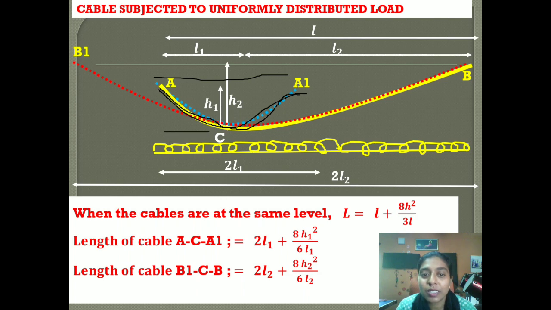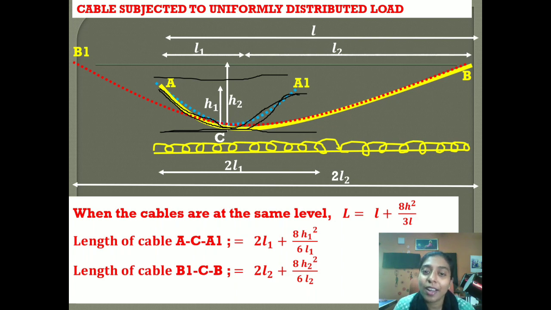Now this is L1, so the span length between A and A1 will be 2L1. I repeat, we are extending this AC towards A1 so that A and A1 will be at the same level.